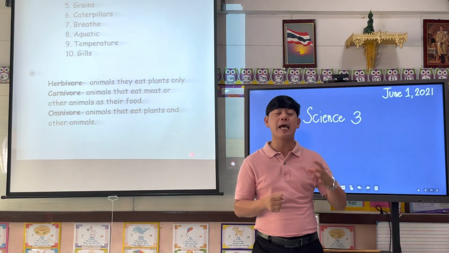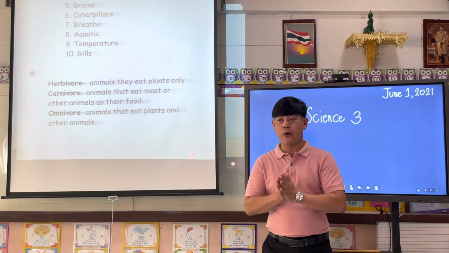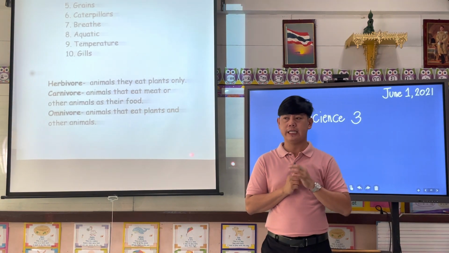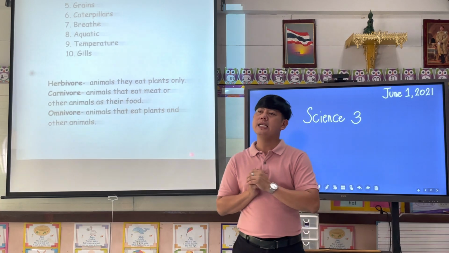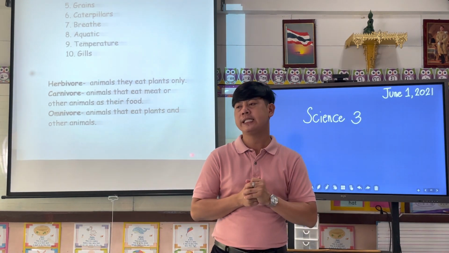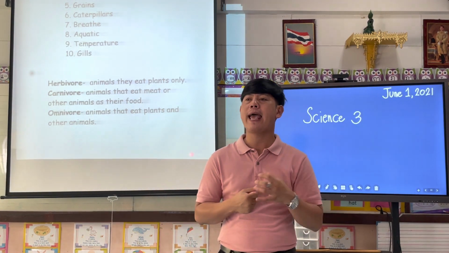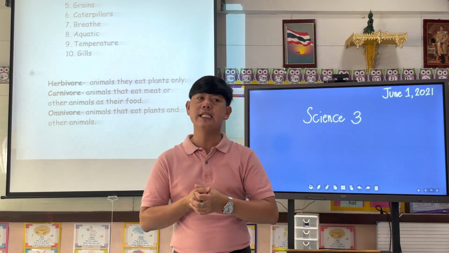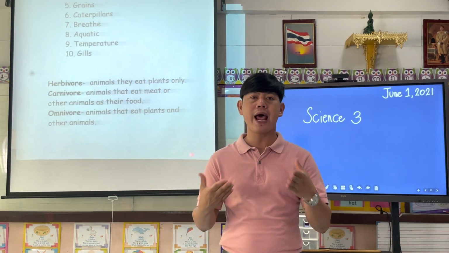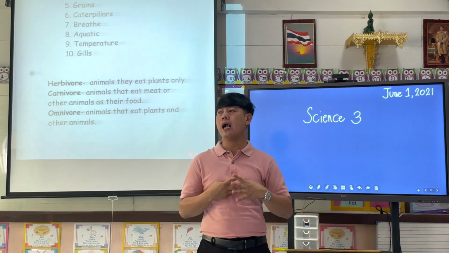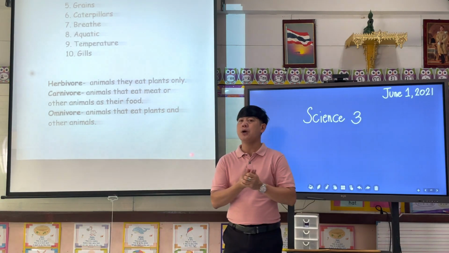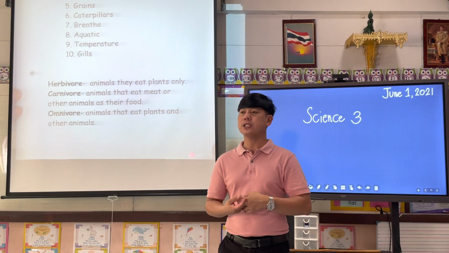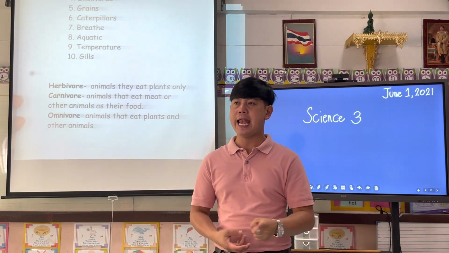What are examples of omnivore animals? Birds eat small worms and sometimes eat plants as well. Chicken is an omnivore. Rat, duck. These animals we call omnivores because they eat both plants and meat.